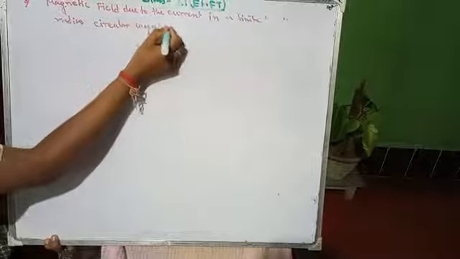So let us write first something, right? We consider a differential length on the wire with the position vector dl vector equals r d phi a phi cap.